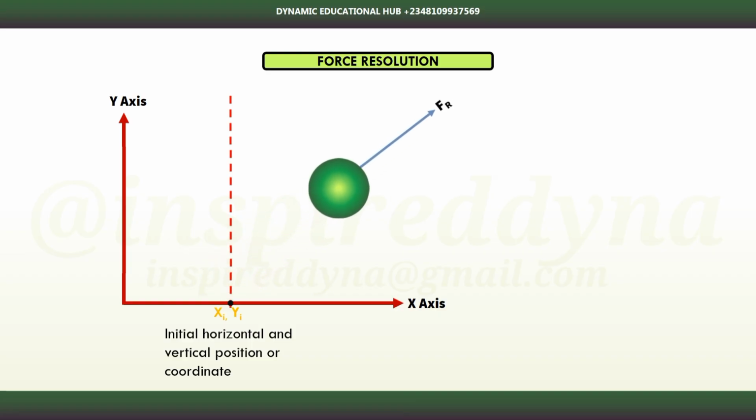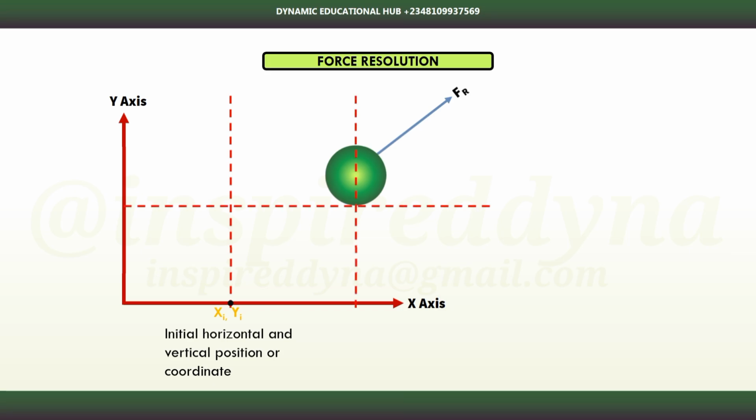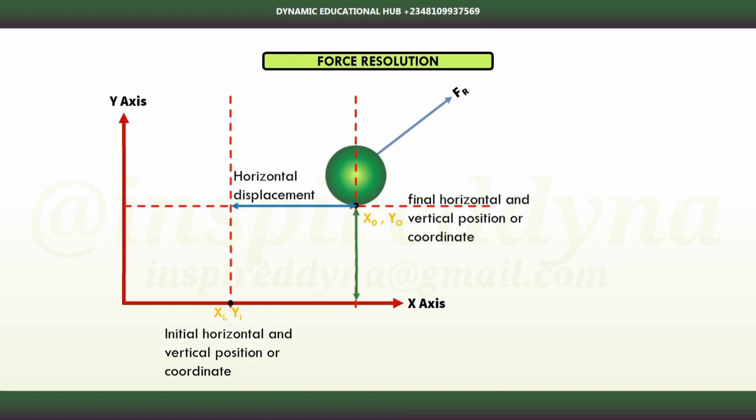This object will move along this direction, which shows that this object experiences both vertical and horizontal displacement as shown. So this is the final point, the final horizontal and vertical position or coordinate, which is x0 and y0. So it experienced horizontal displacement as shown. It also experienced vertical displacement.